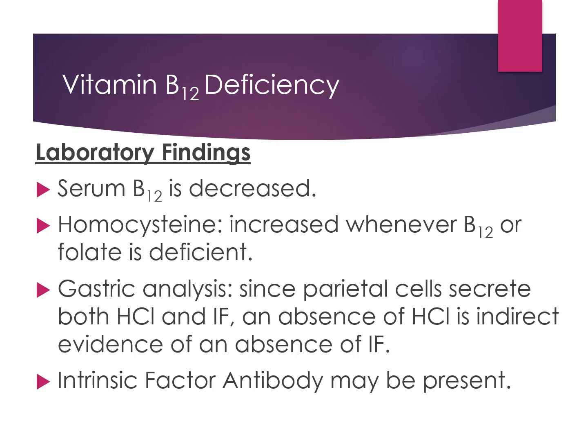And then, of course, it might be that you produce intrinsic factor, but you have an autoantibody against intrinsic factor, so it's impaired or inhibited. So we might do an intrinsic factor antibody test.